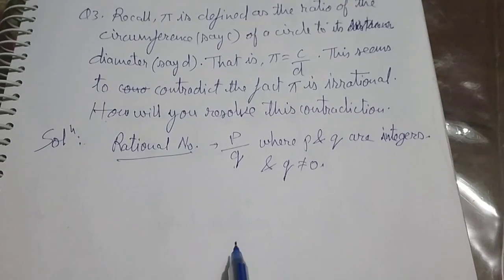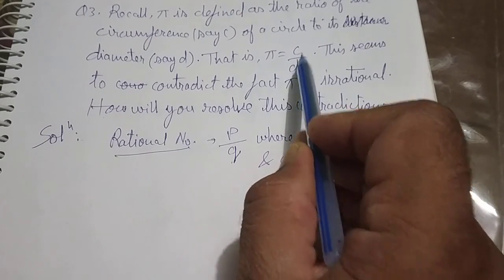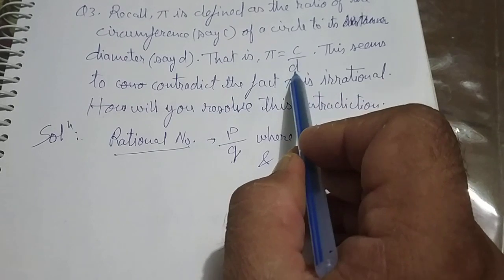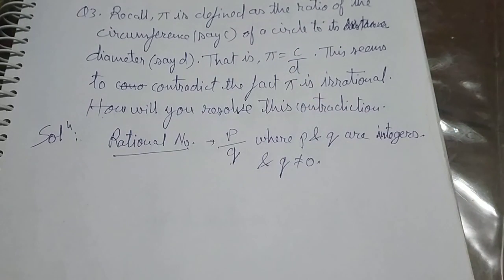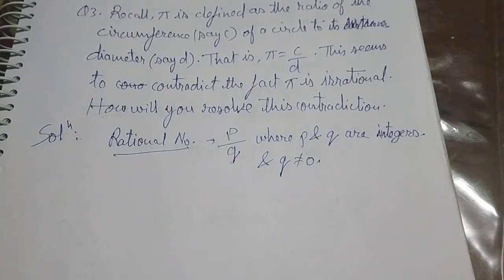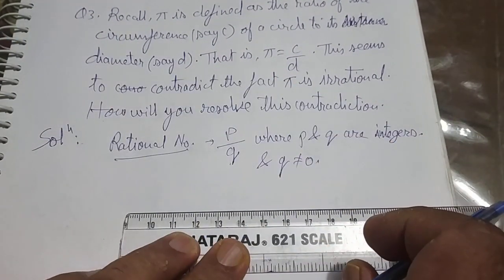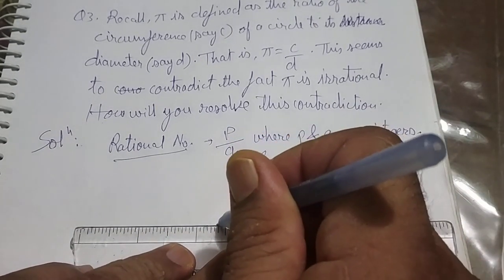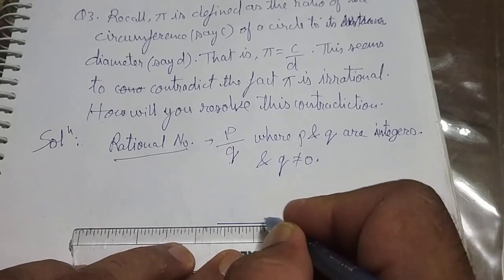Now I am explaining why pi is irrational. The reason is that either of these two, any one of these two, is always an irrational number. For example, let me draw a circle with diameter root 2. I have earlier told you how to represent root 2 on a number line. For this I am going to draw a number line.